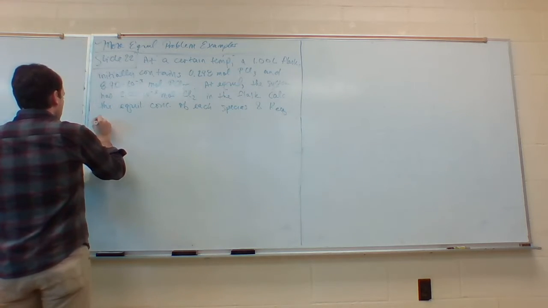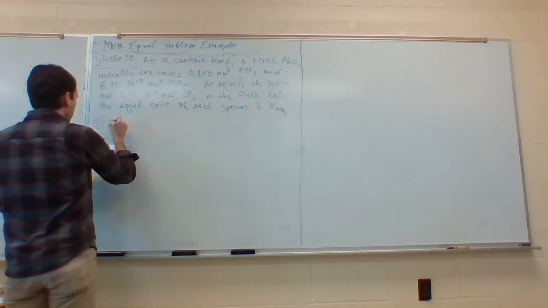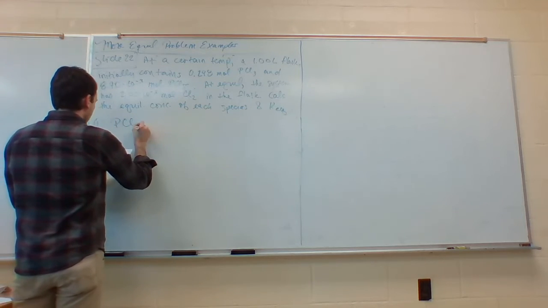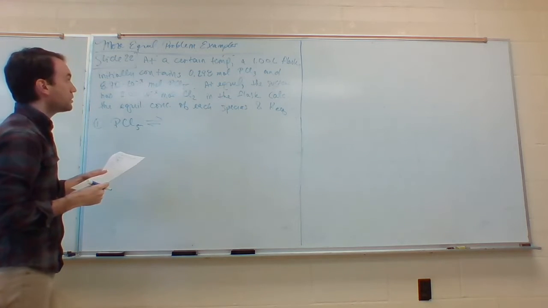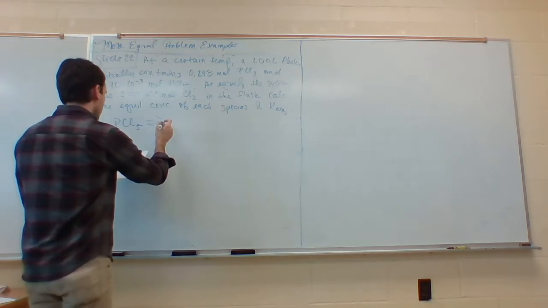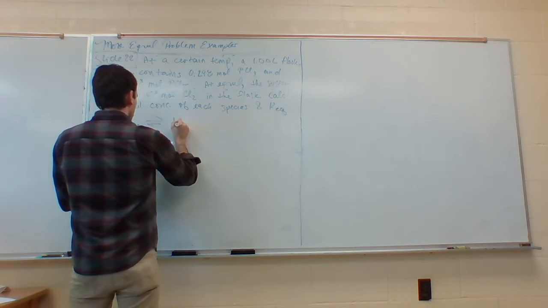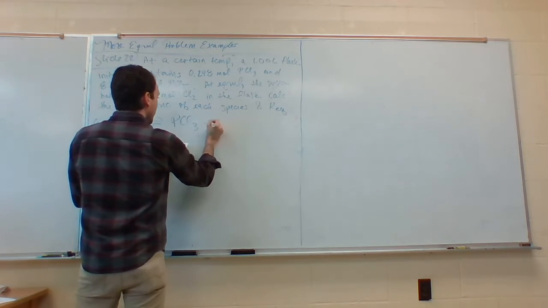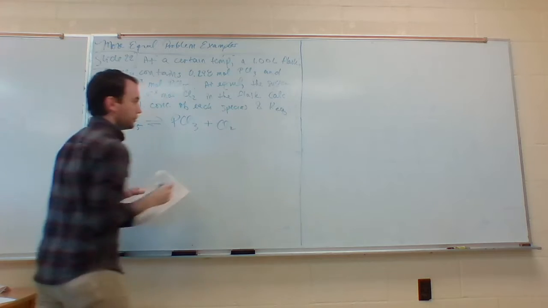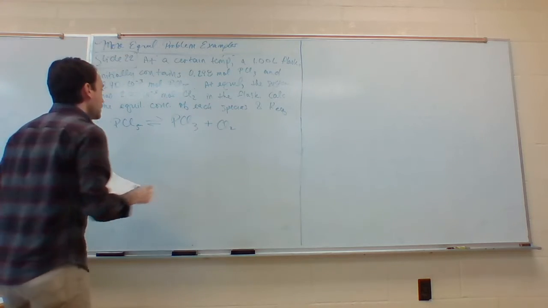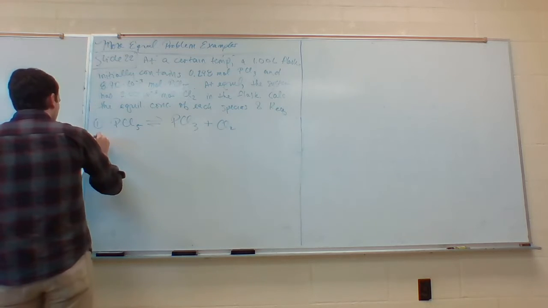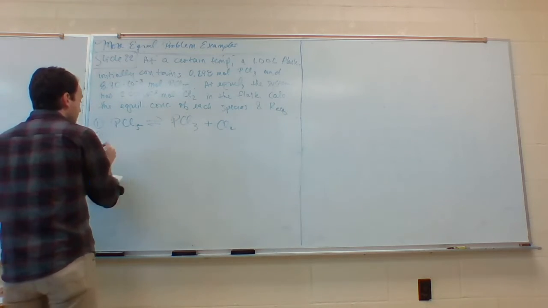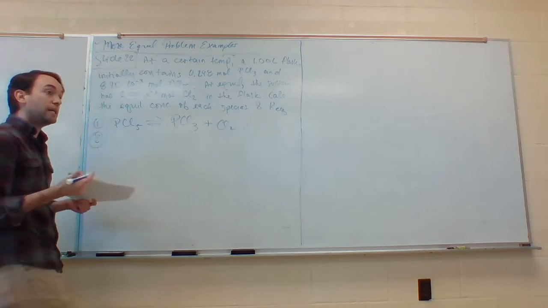Okay, so now the first thing that we do is to write our reaction, which is PCl5, right? And we know that that's going to decompose into PCl3 and Cl2, okay? So this is going to be our equilibrium equation, all right? Now, the next thing is we need our equilibrium expression, right?